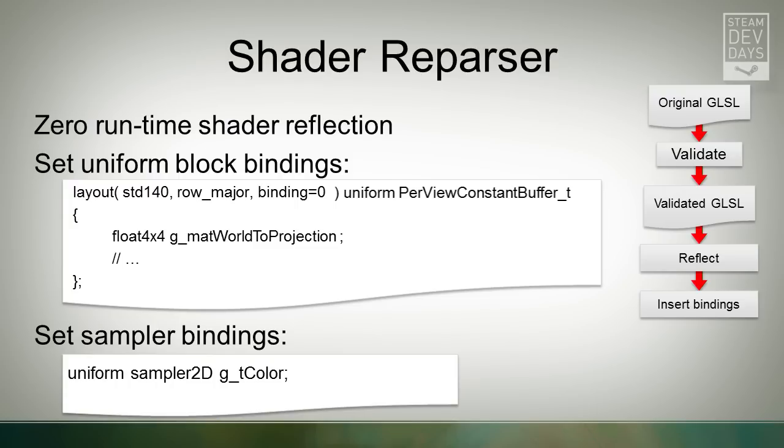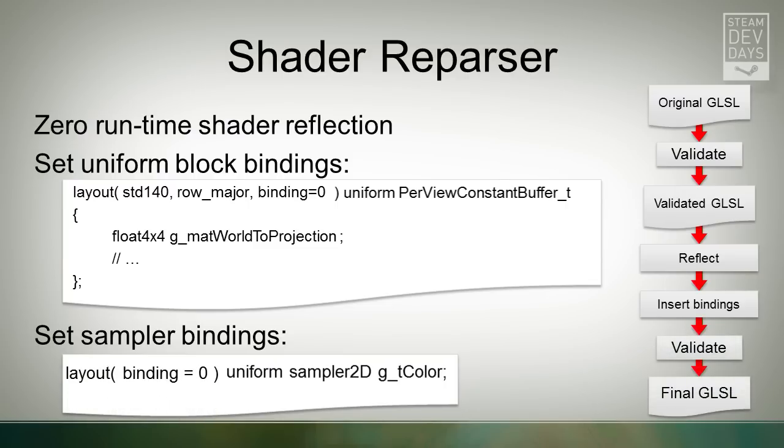And we do a similar thing with samplers, where for all of our active samplers, we'll insert a binding qualifier that binds it at compile time to a texture unit. After we've done this reparsing, we validate it again, and then we have our final GLSL. So the key point here is that by inserting these binding qualifiers, we are able to avoid doing any reflection at runtime, and our preprocess tool knows the location of samplers, what texture unit they're going to be bound to, and what uniform buffer location the uniform buffers will be on.